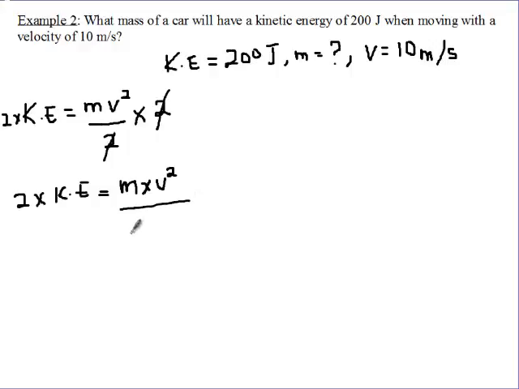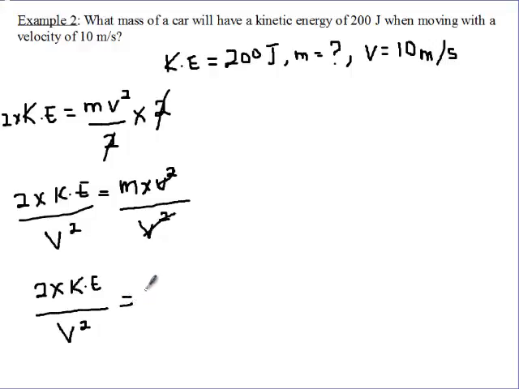We divide both sides by velocity squared. This will cancel this, and then we are going to end up with 2 times KE, 2 times the kinetic energy, divided by the square of the velocity is going to be equal to our mass. So mass is equal to 2 times the kinetic energy divided by the square of the velocity.